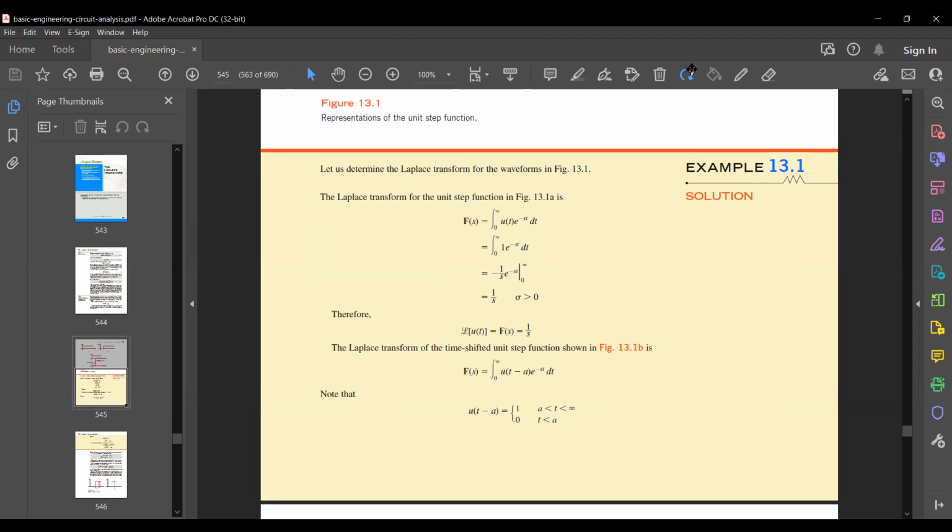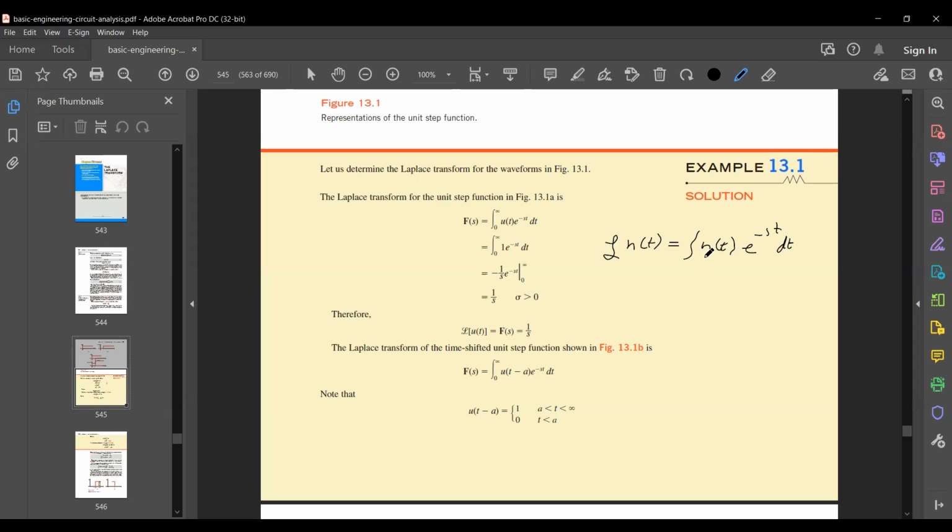The Laplace transform of a function of t in the time domain is equal to the integral of h(t), the function in the time domain, multiplied by e raised to negative st dt.